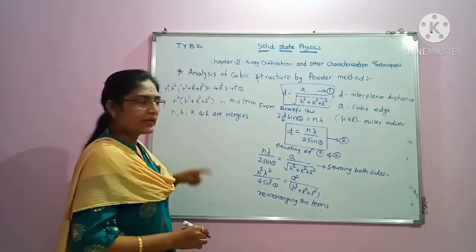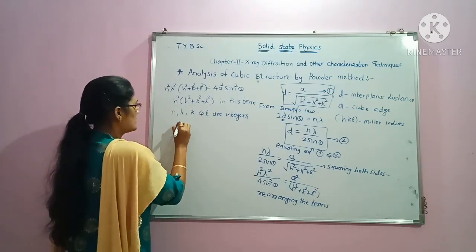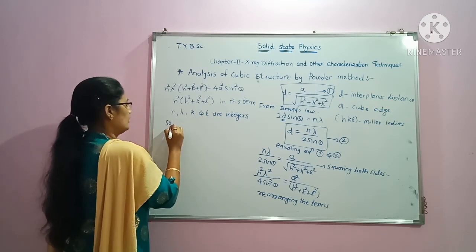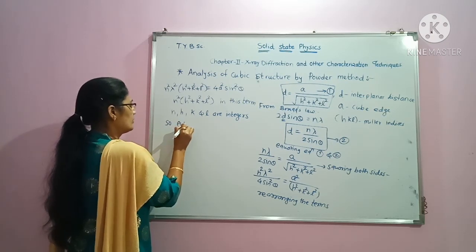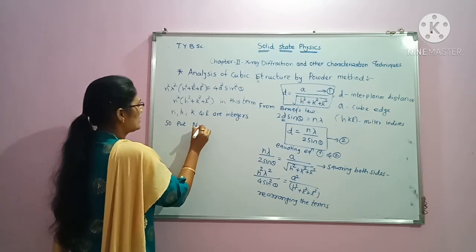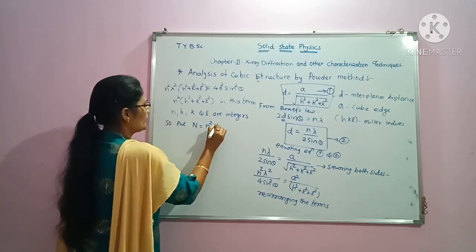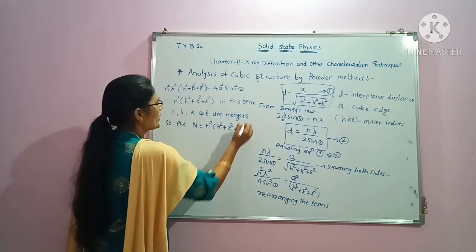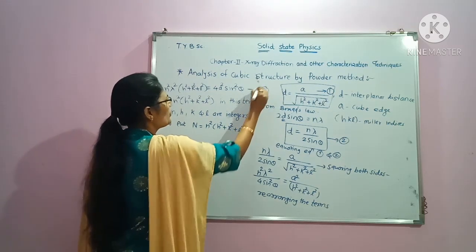So we will replace this term: put capital N equal to n square into h square plus k square plus l square in this equation number 3.